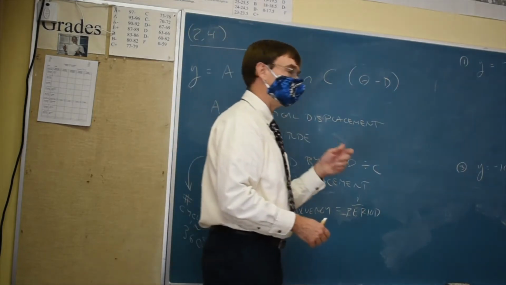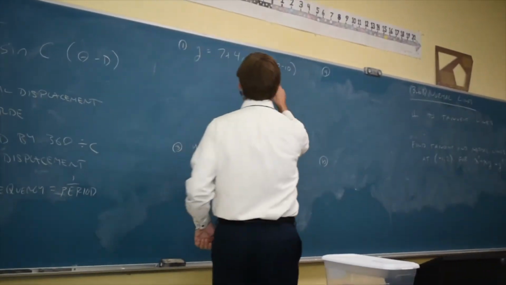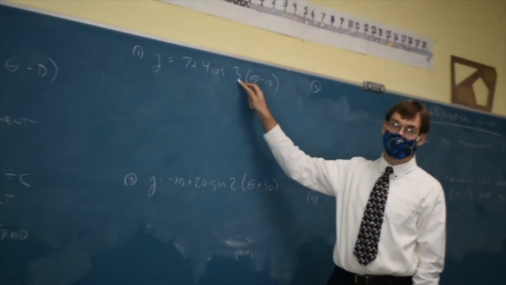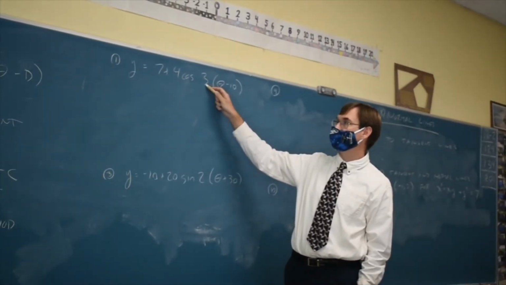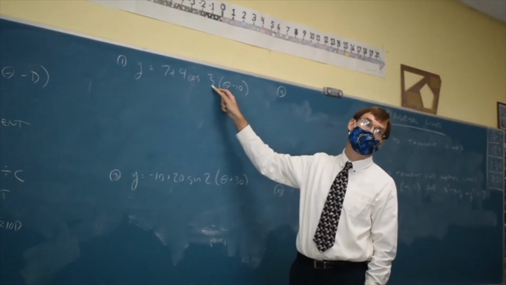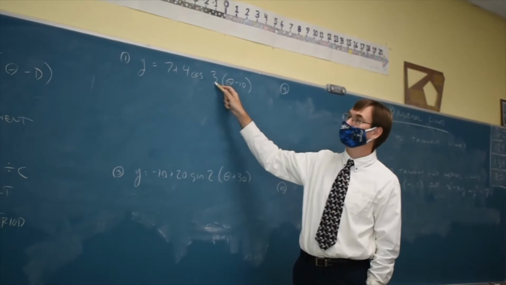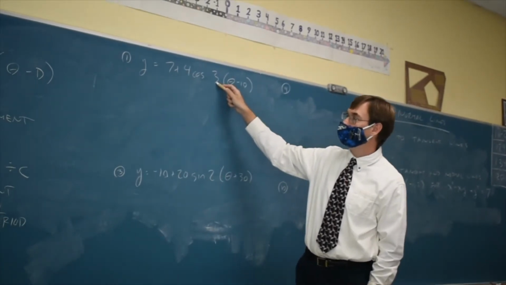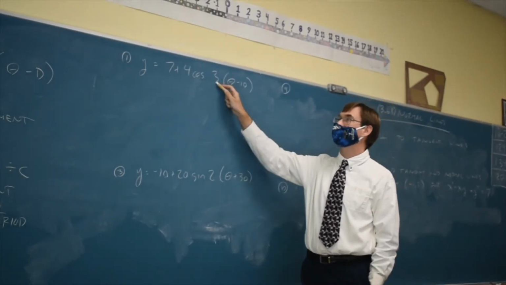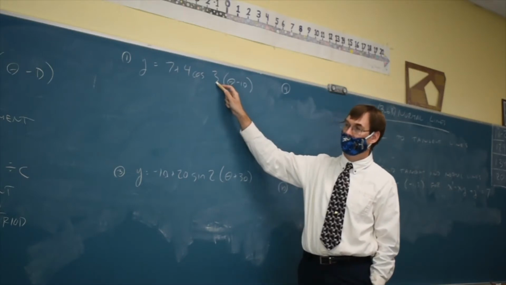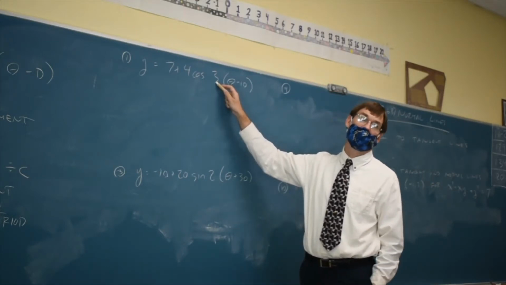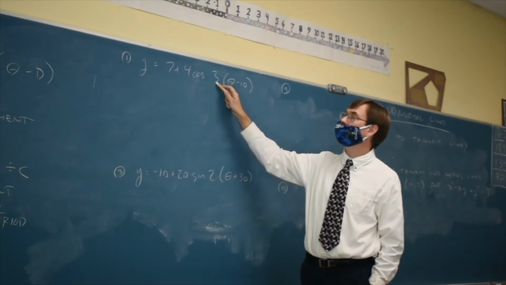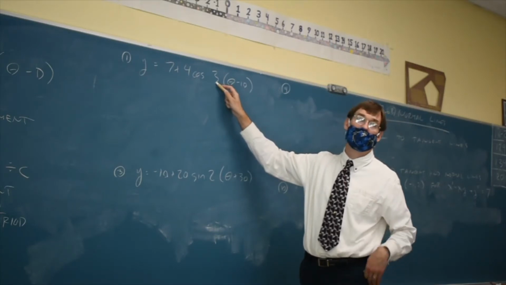For example, if I stroll over to the right, this 3 is telling you you have 3 cycles in 360 degrees. So what would they each be? This 3 tells you there's 3 cycles in 360. So each cycle would take you 120.